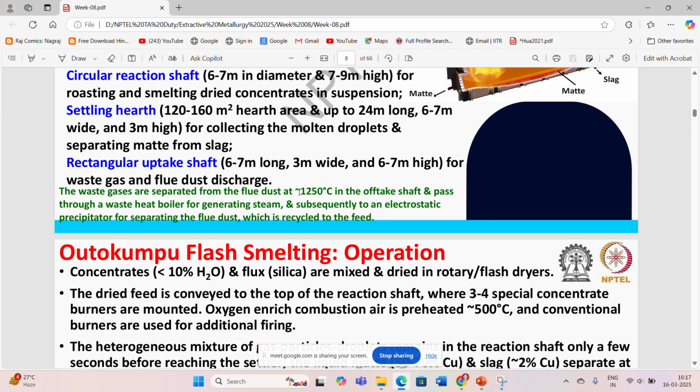So we are also recycling the heat energy lost with the flue dust with the help of regenerators. Then we go with the electrostatic precipitation process for separating the flue dust before releasing the flue gases into the environment.